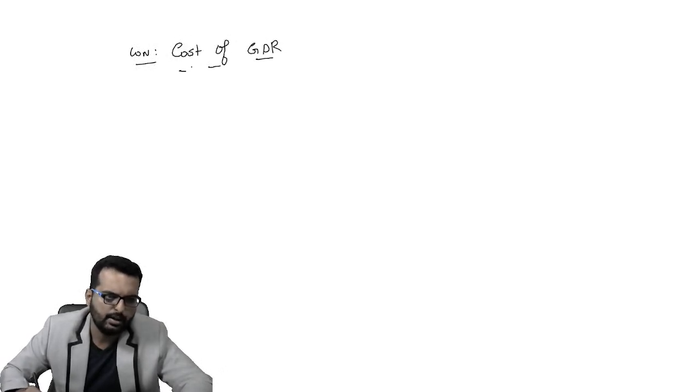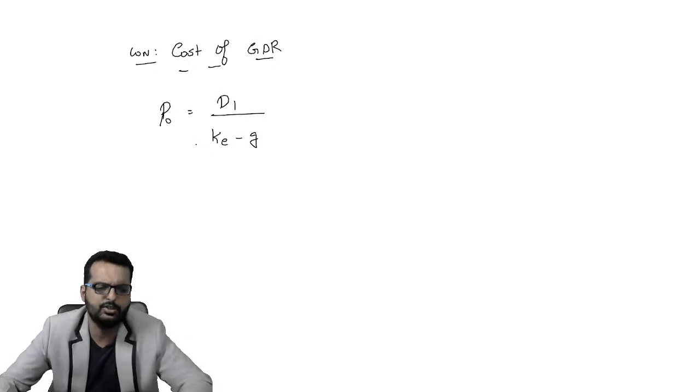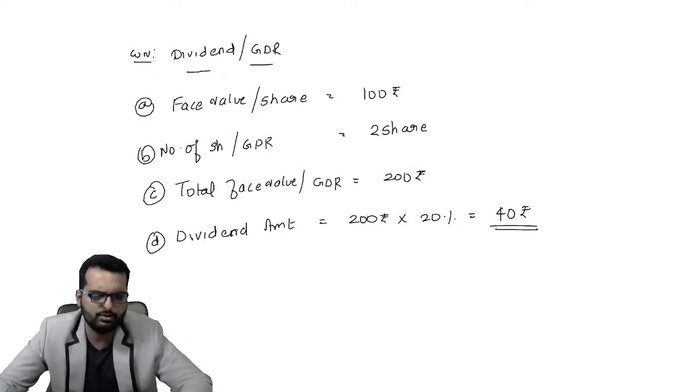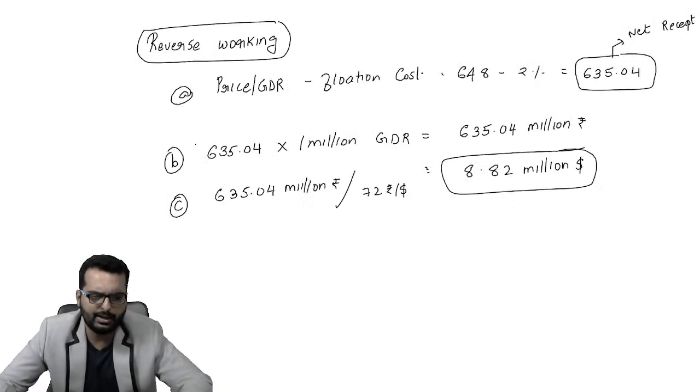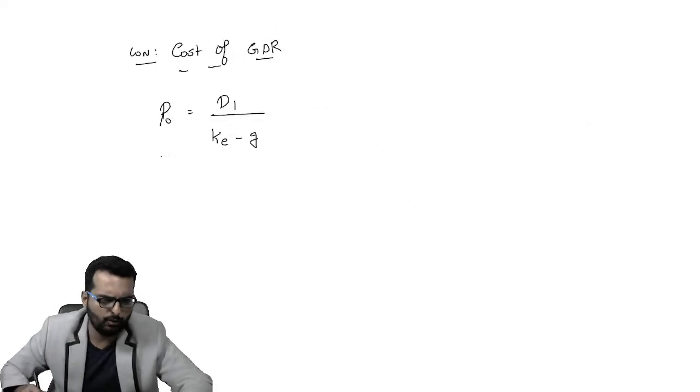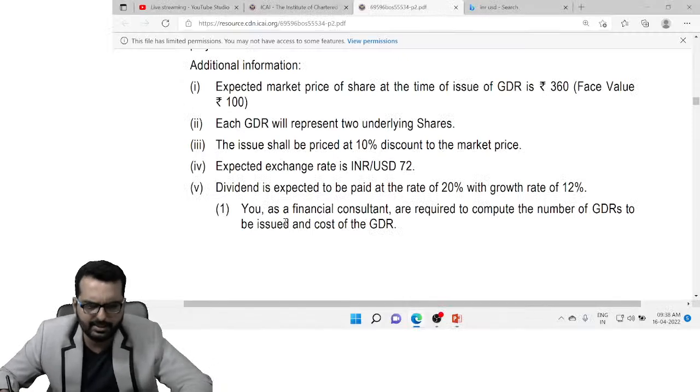cost of GDR. We have learned the formula P0 is equal to D1 divided by KE minus G. So P0 is the price today. How much is the price that you get today? I think we got the answer as 635.04. This should be equal to 40 divided by KE minus the growth.